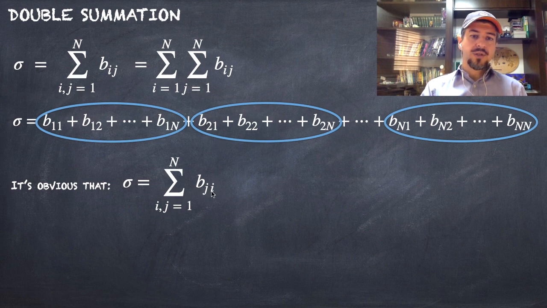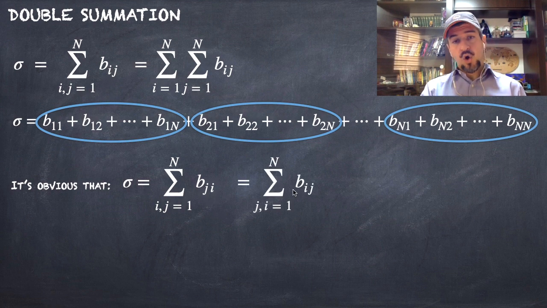So we can exchange the position of the indices in bij or bji. Also, we can keep bij and change the order of the indices in the summation symbol, from ij to ji.